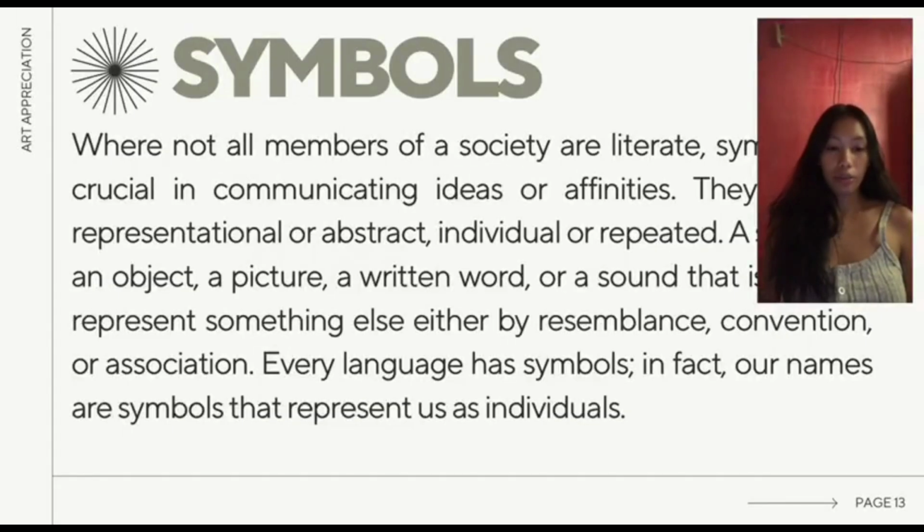In societies with limited literacy, symbols, representational or abstract, became vital for communication and expressing shared identity. They can be objects, images, words, or sounds representing something else through resemblance, conventions, or associations. Even names are symbolic representations of individuals.